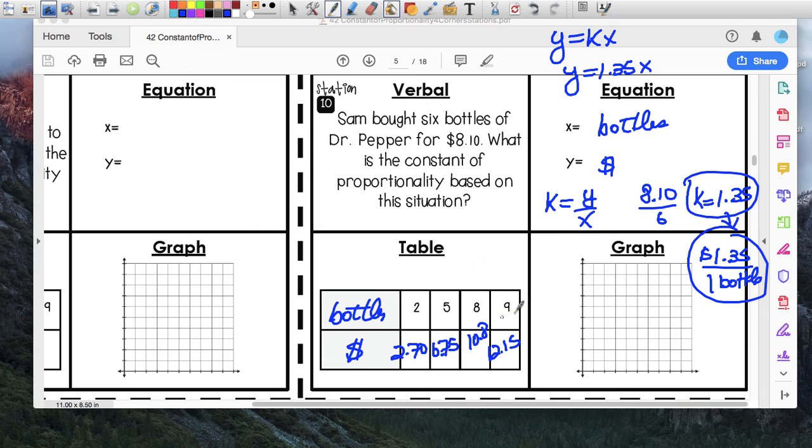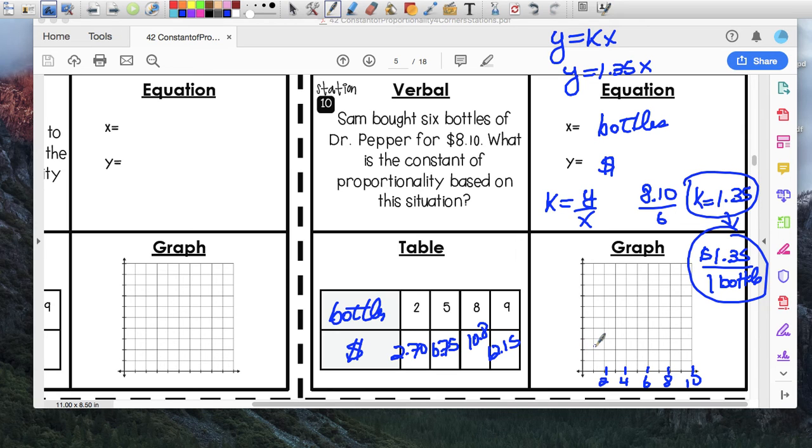Okay, so we want to graph this. Let me do the x. On the x, I'm going by 2, so 2 bottles, 4 bottles, 6 bottles, 8 bottles, 10 bottles.